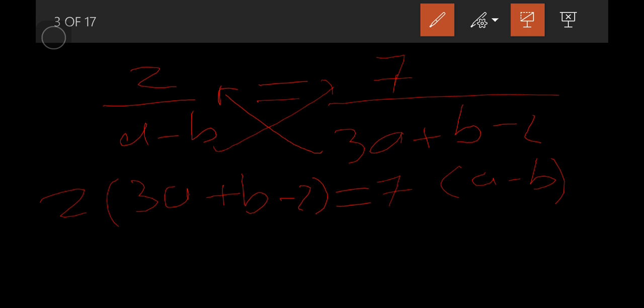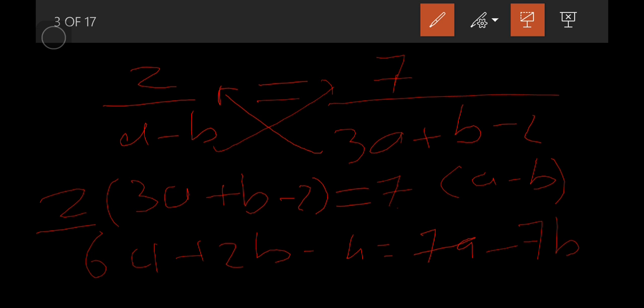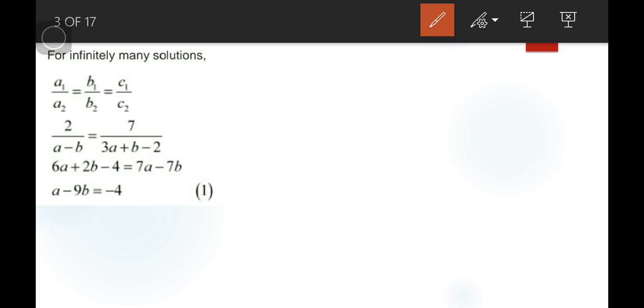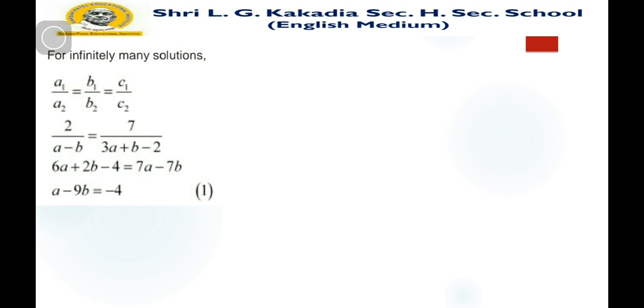Now let me multiply the terms in the brackets, and we get 6a plus 2b minus 4 is equal to 7a minus 7b. After solving, if we move 6a to the right side and 7b to the left, we get a minus 9b is equal to minus 4.